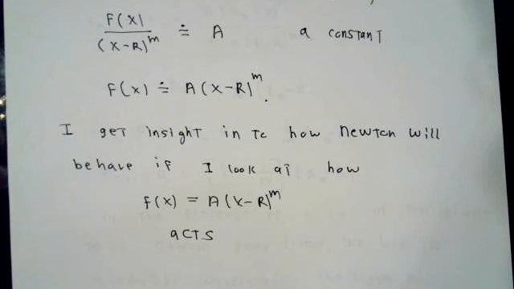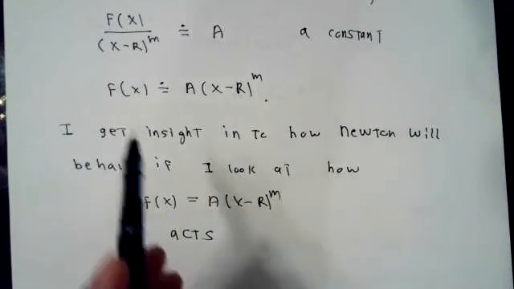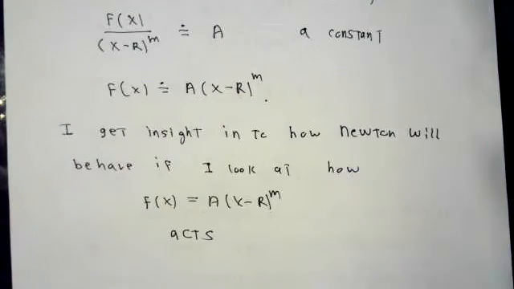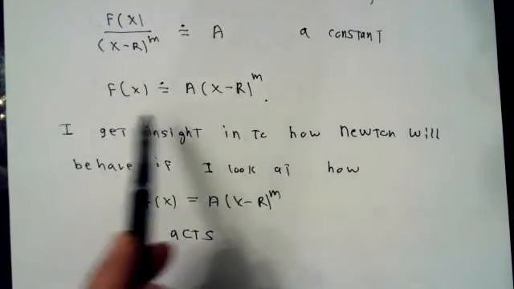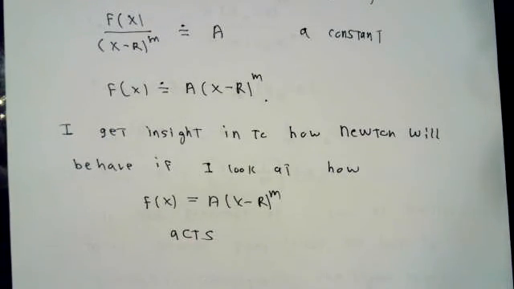So the meaning of this multiplicity in a non-algebraic way is that if I'm close to the solution, and I have a root of multiplicity m, the function looks very much like this function, and we know all about the shapes of those kind of graphs from algebra.